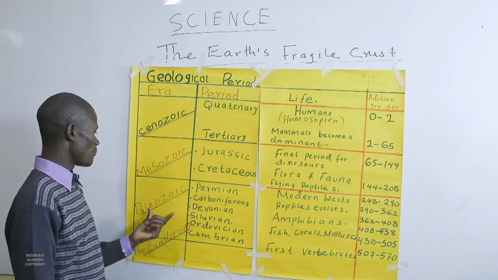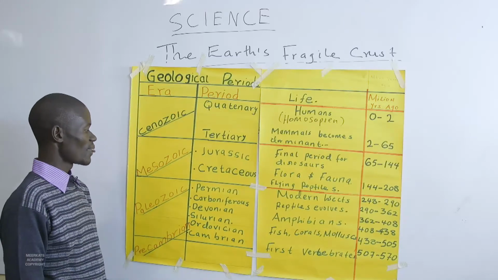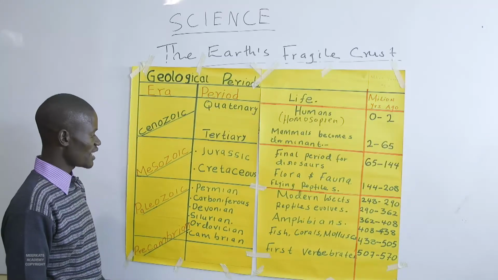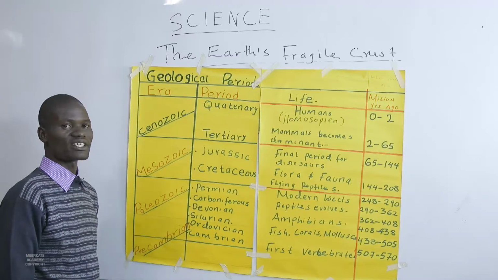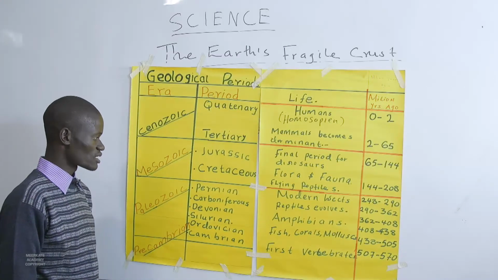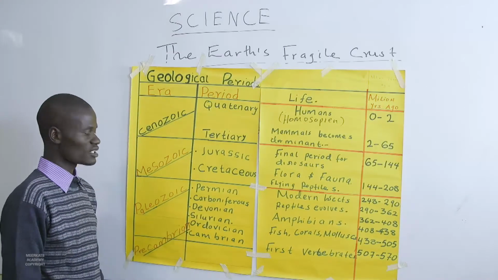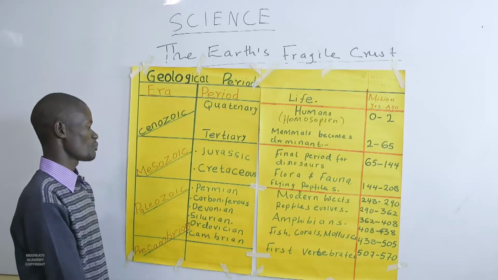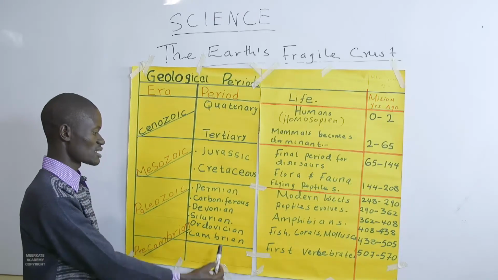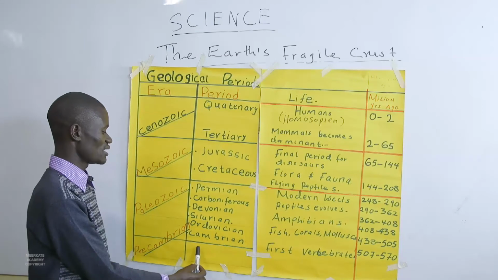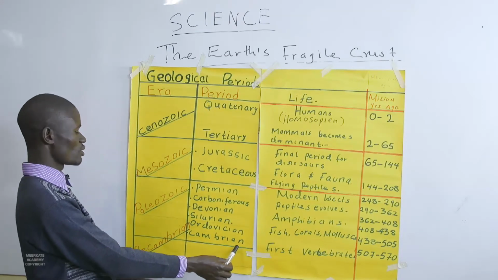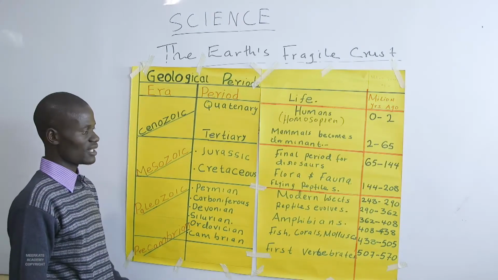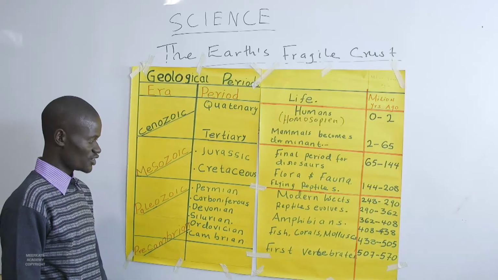The Paleozoic era is divided into 6 periods. We have the Permian period, the Carboniferous period, the Devonian period, Silurian, Ordovician, and the Cambrian period, before we go to the Precambrian, that is the last or the ancient age.